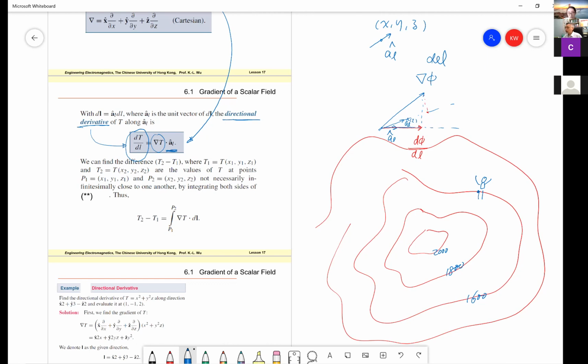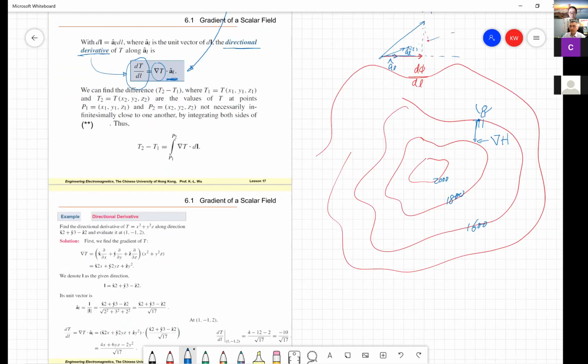Take the del of the height. Then you'll find that it is a direction usually normal to your equal magnitude curve. This is the direction that has the steepest slope.